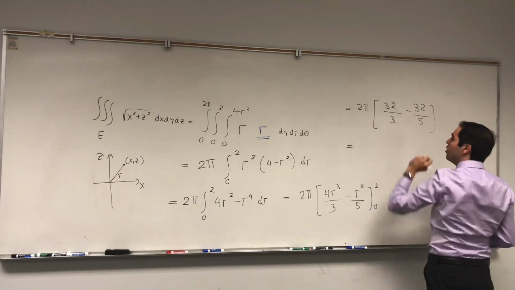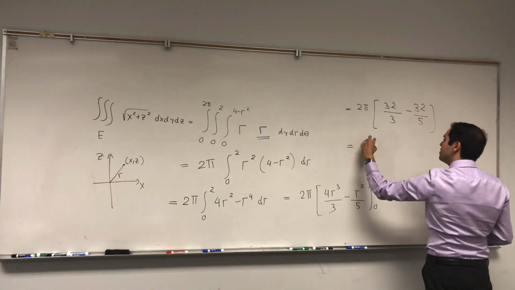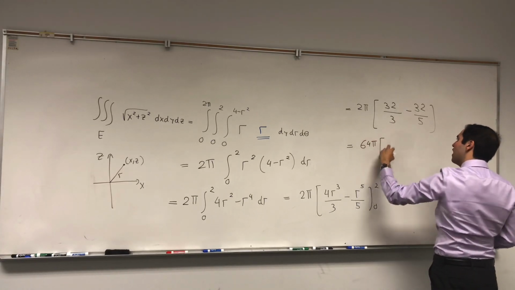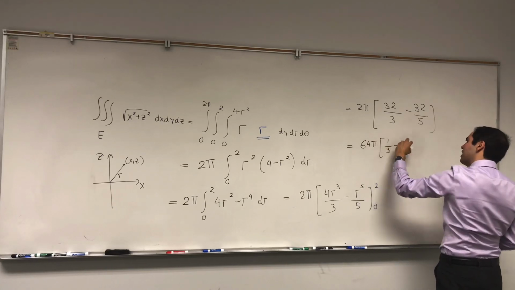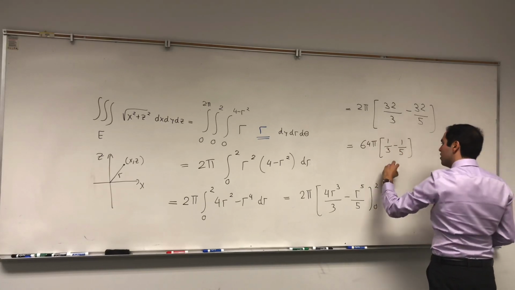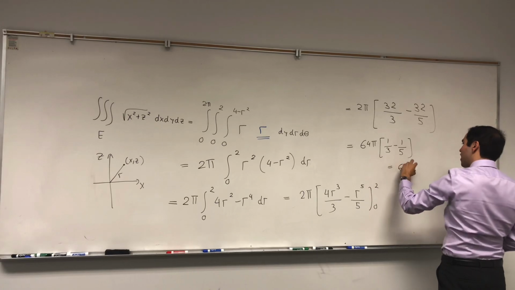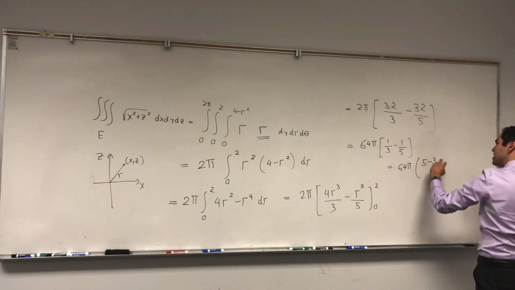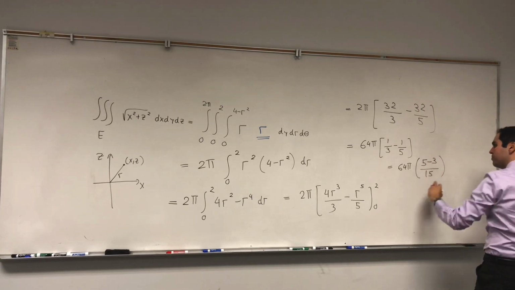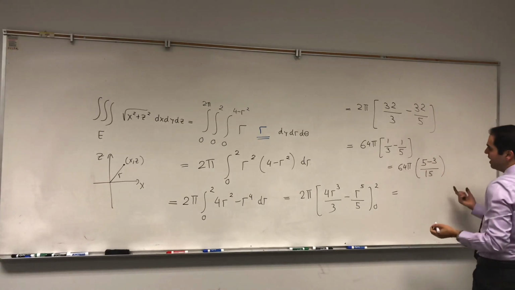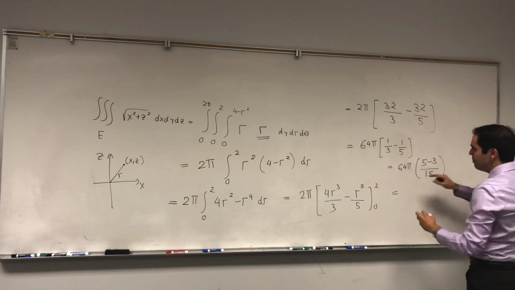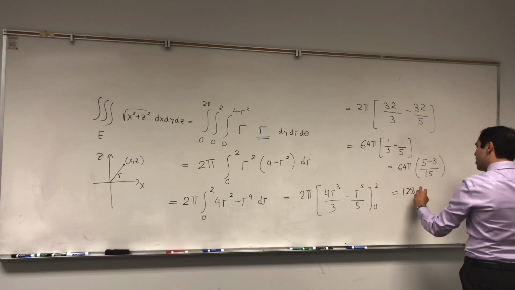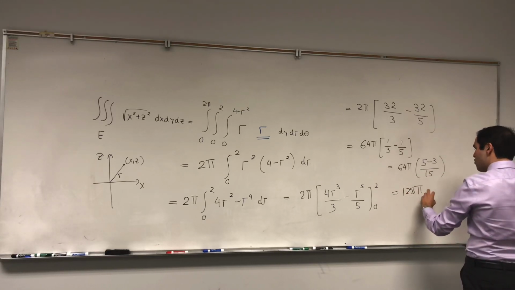And so if you multiply this by 2, you get 64 pi times 1/3 minus 1/5, which becomes 64 pi times 5 minus 3 over 15. 5 minus 3, that's 2, times 64, that's 128 pi over 15.